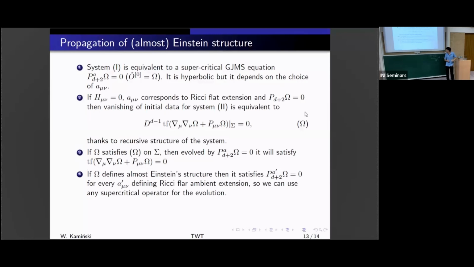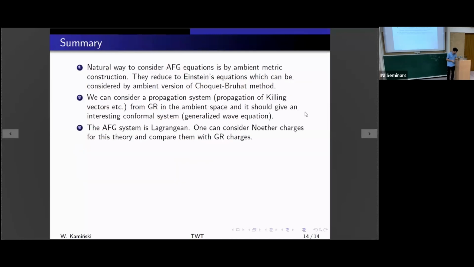So my hope is that I will at least convince you that in this case, using the ambient metric simplifies things. At least making it like a direct counterpart of the standard Choquet-Bruhat method.